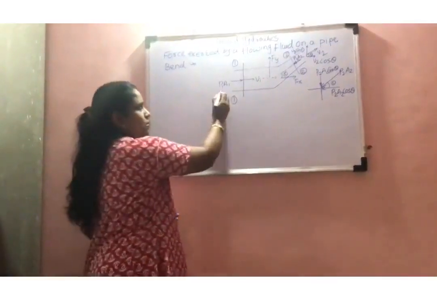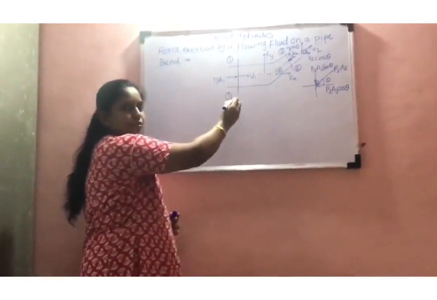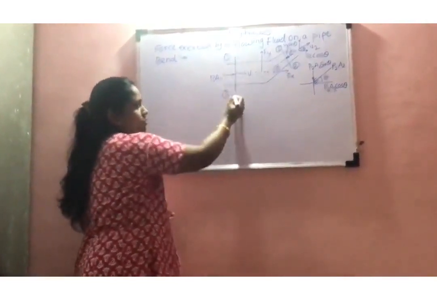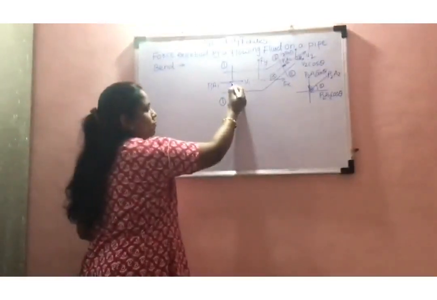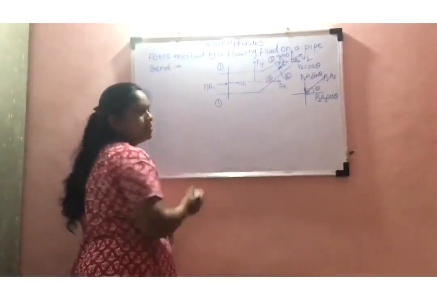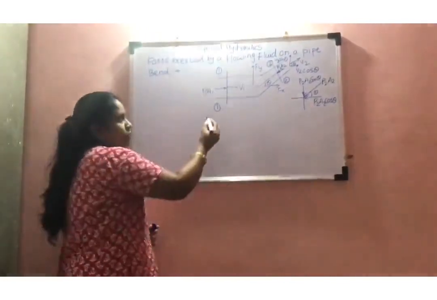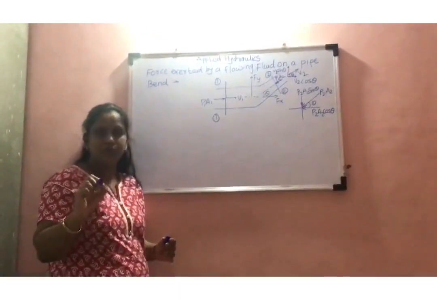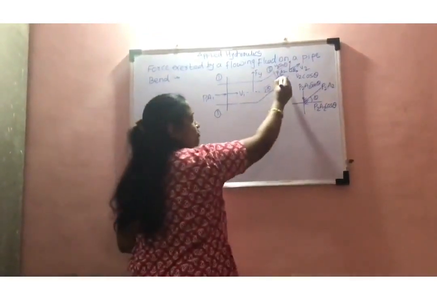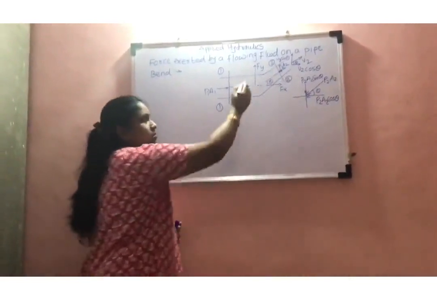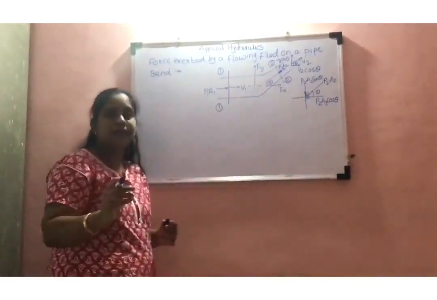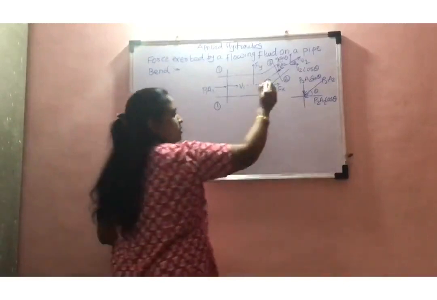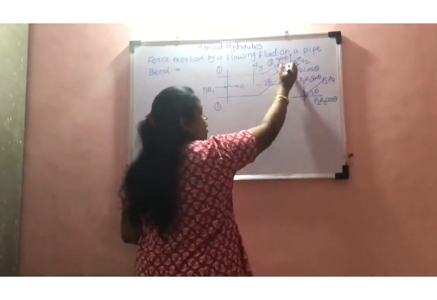So P1 A1 is the pressure force at section 1, and the velocity is V1. When we consider section 2, the pressure force will act on section 2, but it is in the opposite direction, that is called P2 A2.